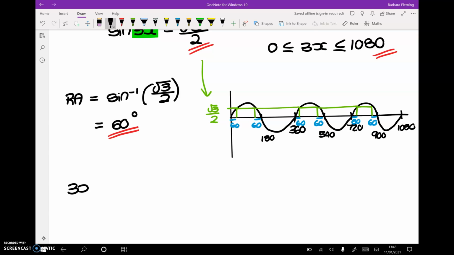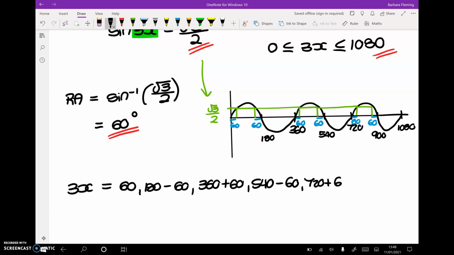Remember, this is 3x. Important step there. So 3x equals, the first angle is 60. 180 take away 60. We've got 360 plus 60. We've got 540 take away 60. 720 plus 60. And 900 minus 60.